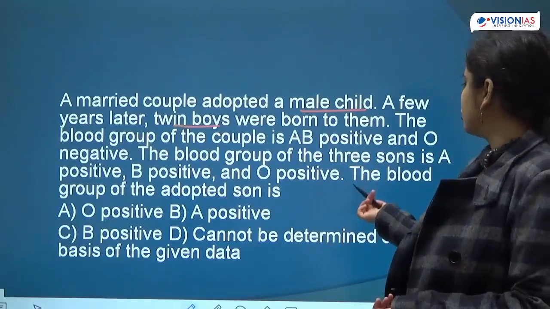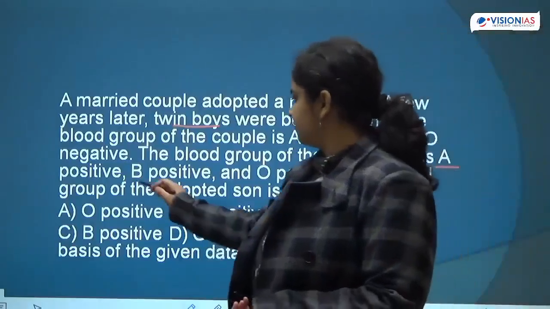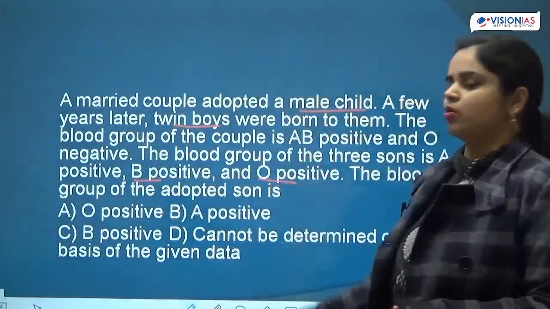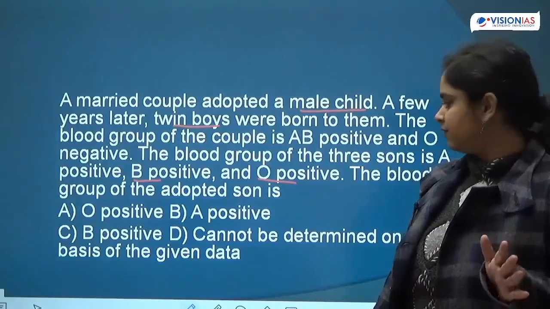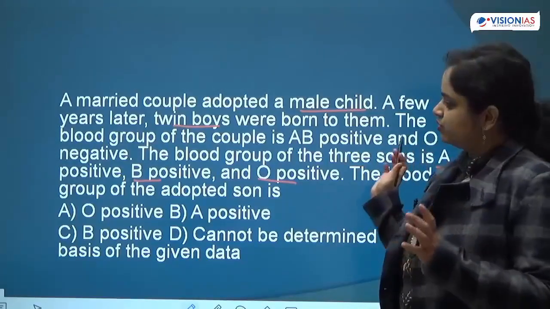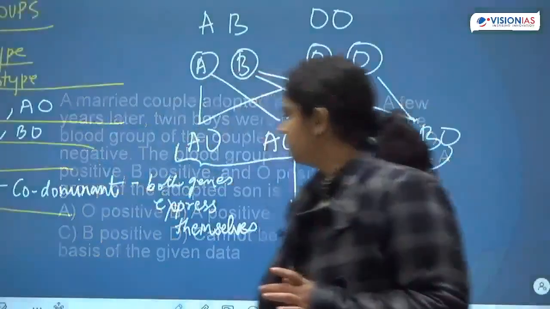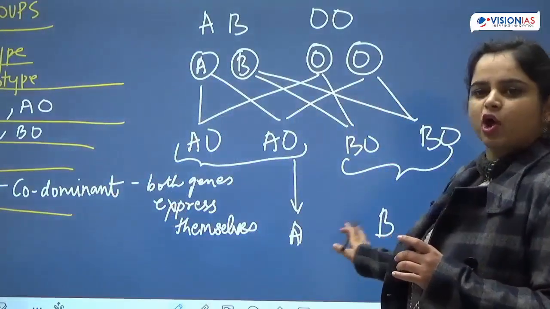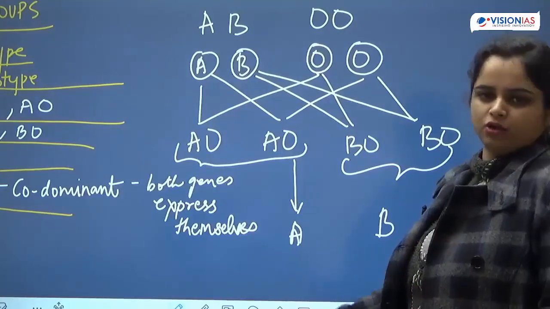The blood groups of the 3 sons is A positive, B positive and O positive. Even if we leave positive, negative, we have 3 blood groups which we have A, B and O. And we have just now seen that they can only have A or B. They cannot produce a child with O blood group.